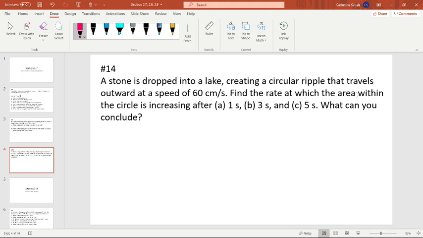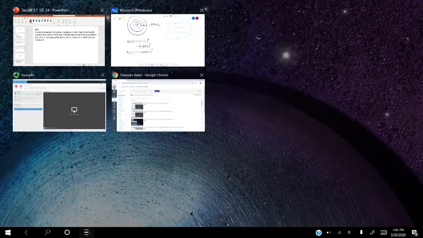All right, and now what's the question? Now that we have the area, we want to find the rate that the area is increasing or the area is changing. Well, what do we think when we think rate that something's increasing, rate that something's changing? We're thinking of derivative. So we have to find the derivative of our area function.